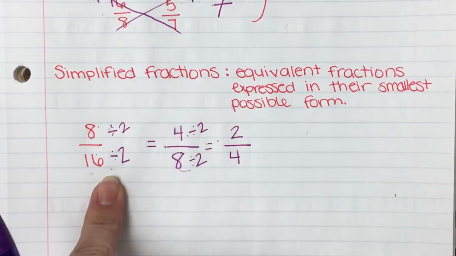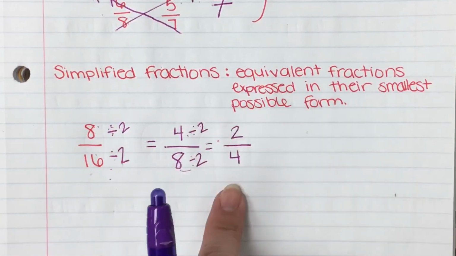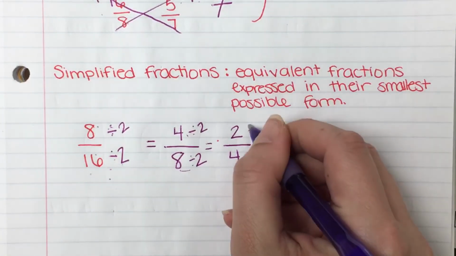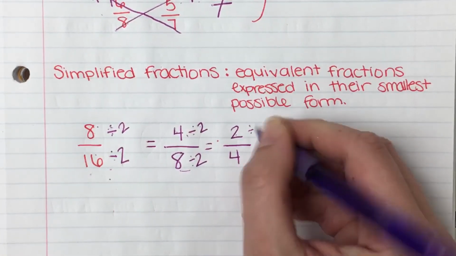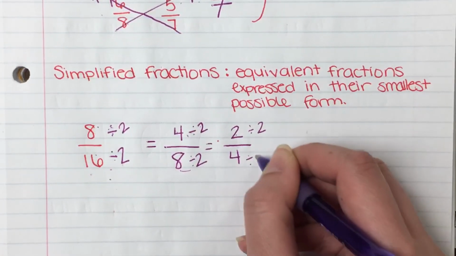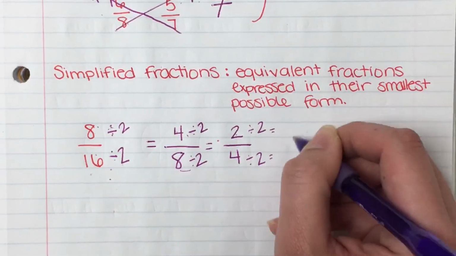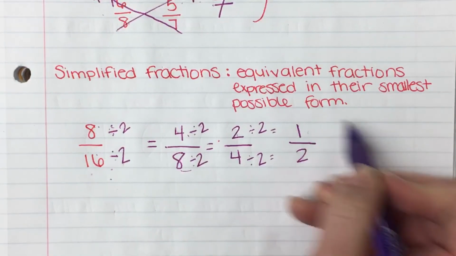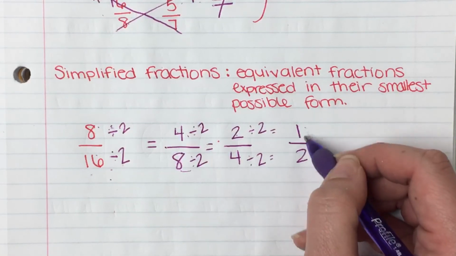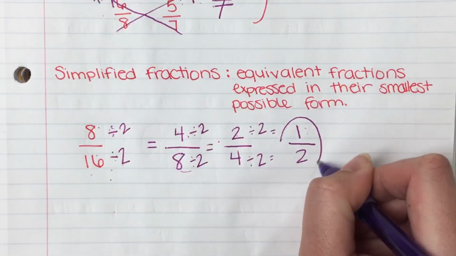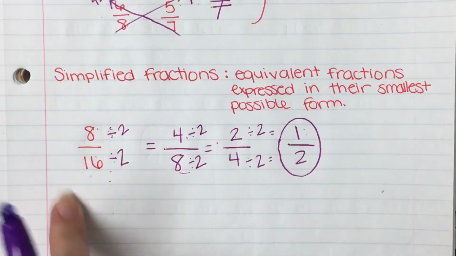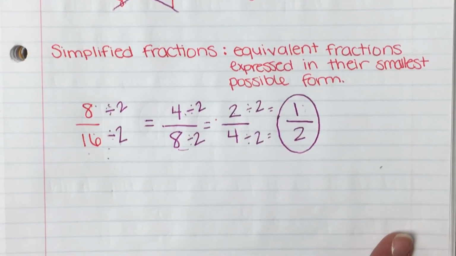So 8/16 is equal to 4/8 is equal to 2/4, but I also know I can get it even smaller. 2 divided by 2 and 4 divided by 2 gets me 1/2. This fraction cannot get any smaller. There is not anything that can go into that fraction to make it any smaller. So 1/2 is the simplified fraction of 8/16.